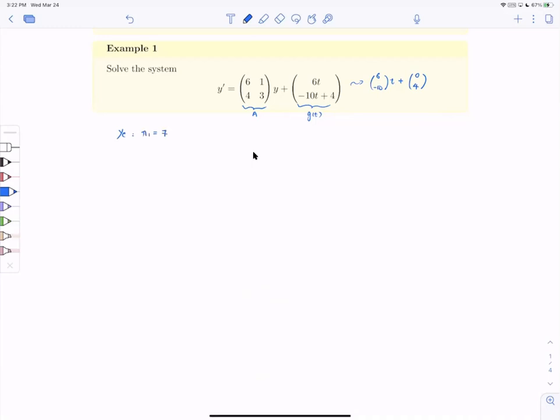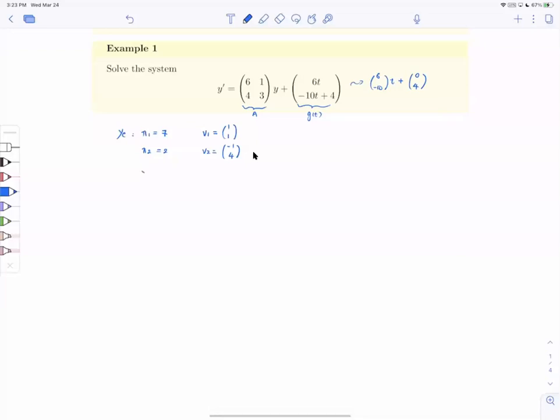I'm going to skip the steps, and v1 is (1, 1). And lambda 2 equals 2, so v2 is going to be (-1, 4). If I give you this, what is my complementary solution?